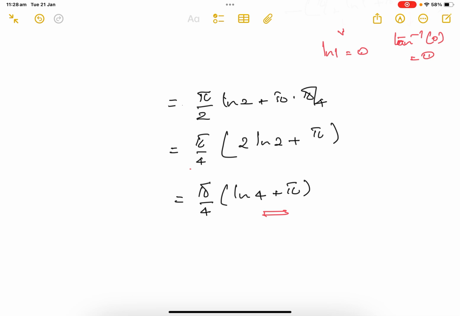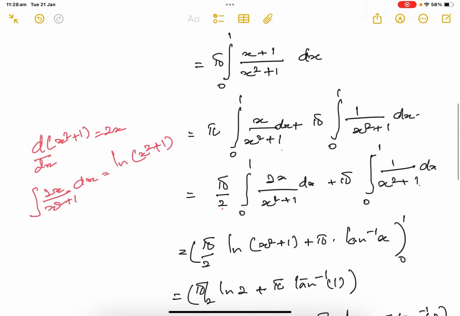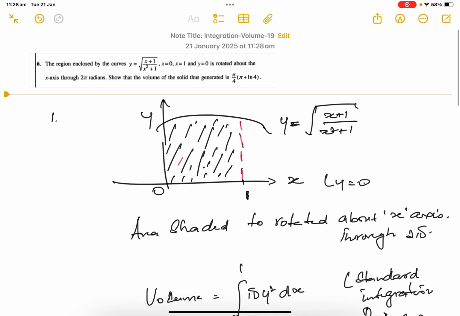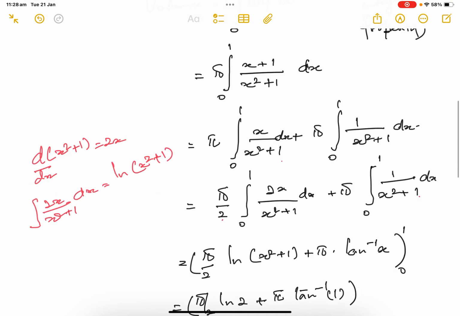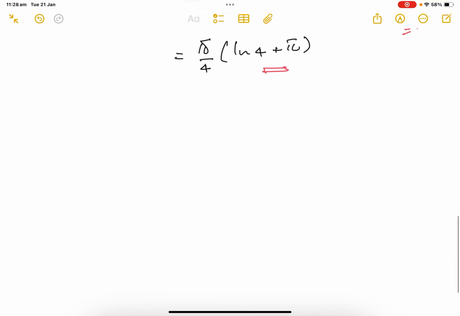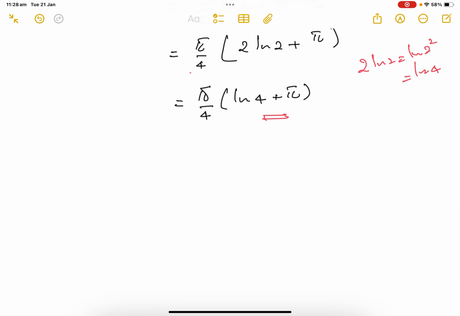We can make 2 ln 2 equal to ln 2 squared, which is ln 4. So ln 4 plus π. That is exactly what we have been asked to prove, as the volume when the shaded region rotates through 2π.